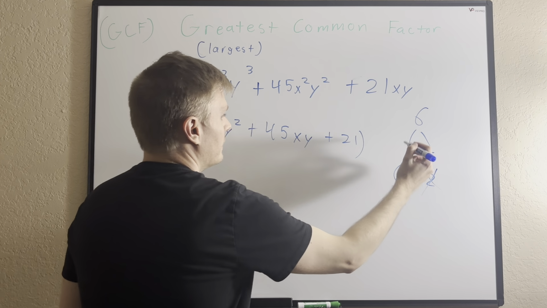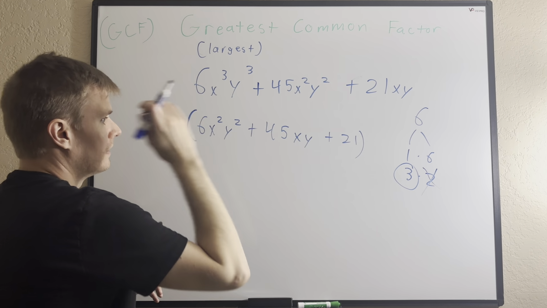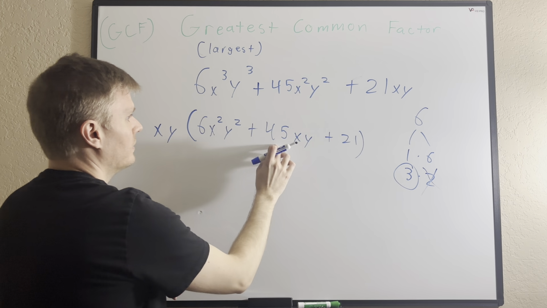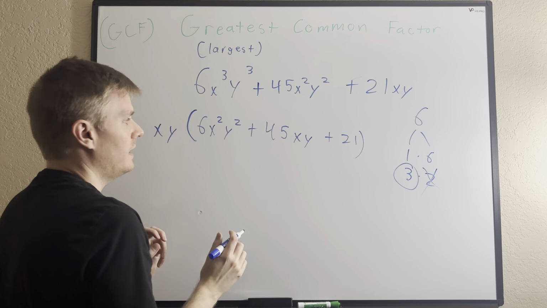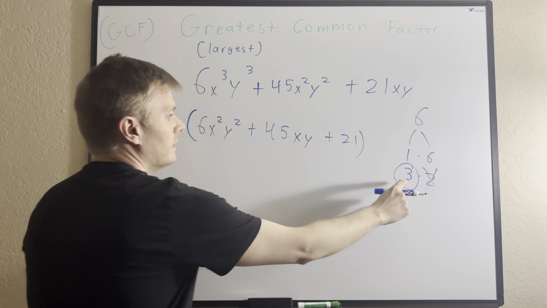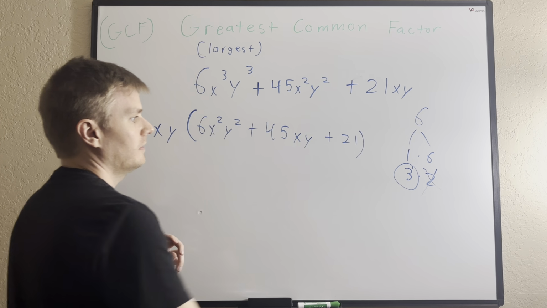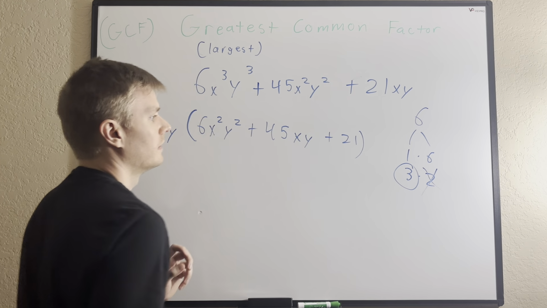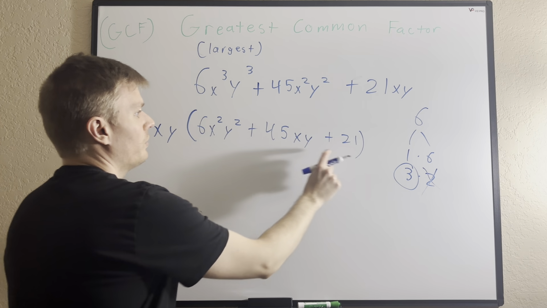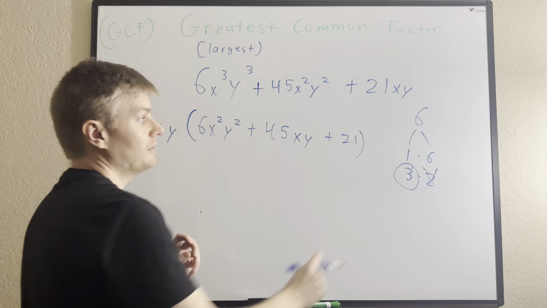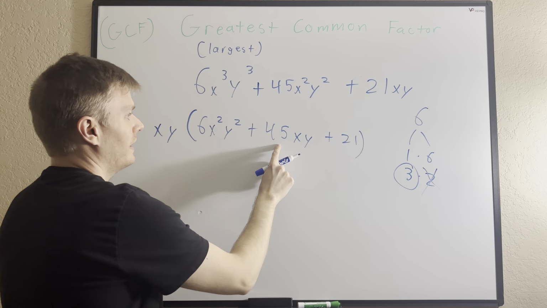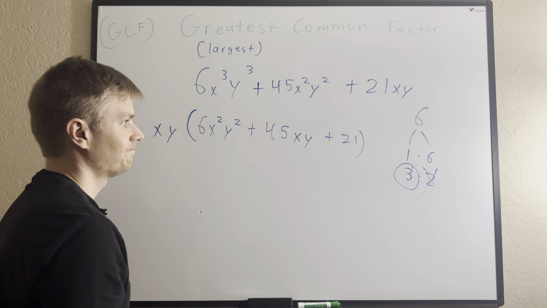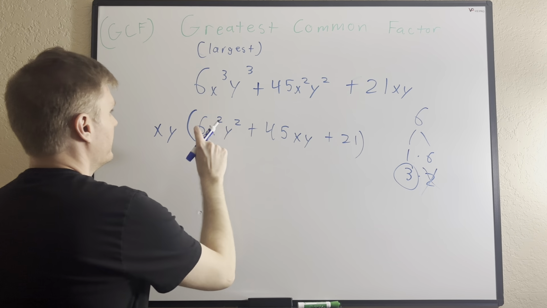But 3, I think we can divide all 3 of these numbers by 3. And that is our greatest common factor because it's the largest number that we can divide all 3 of the numbers by. I know 6 is larger, but we can't divide these by 6. So I'm going to have to go with 3.